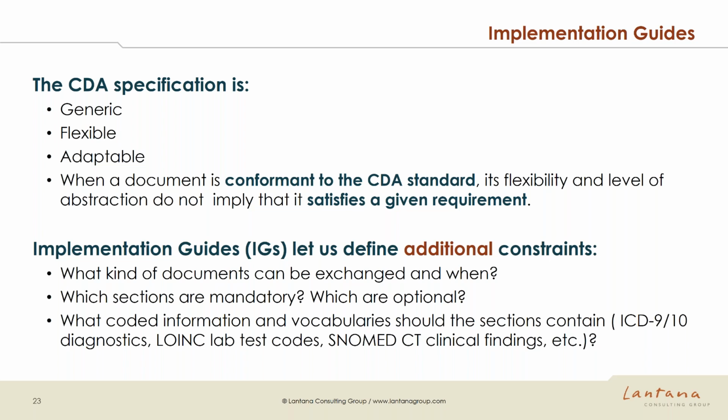Again, I mentioned a history and physical document. That one might lay out that there are several required sections present and a variety of optional ones. Also, meaningful use summary documents are another use case, which will have a large amount of required coded data for the most part. So again, you can think of implementation guides as a layer on top of the generic CDA specification that gives you additional guidance and constraints. Next slide.